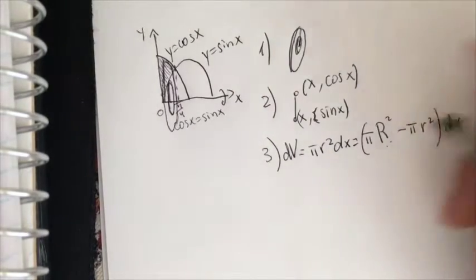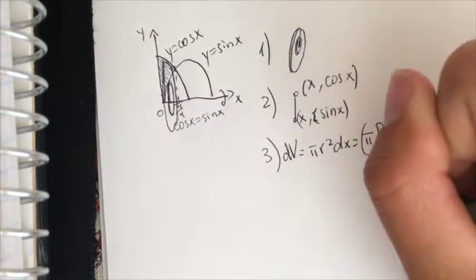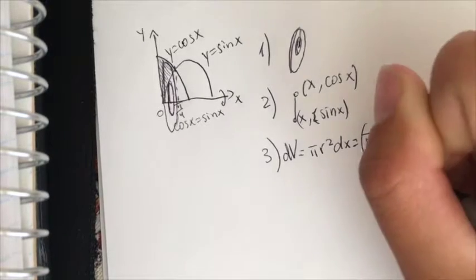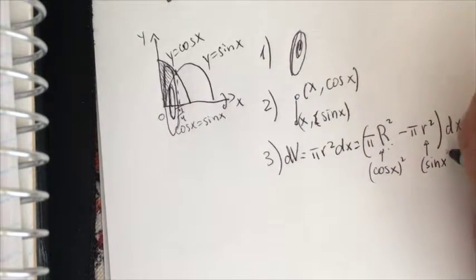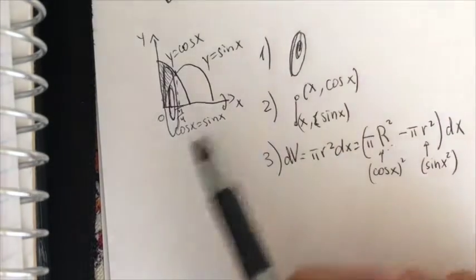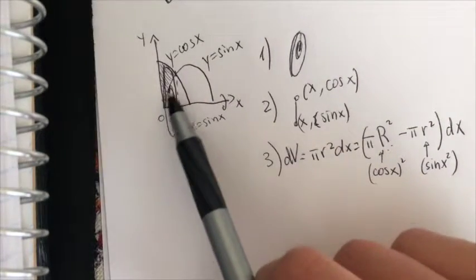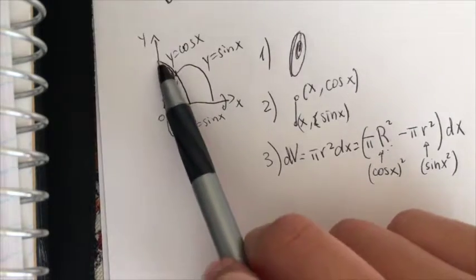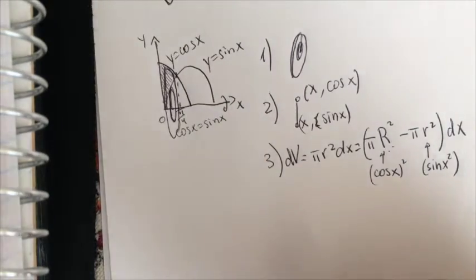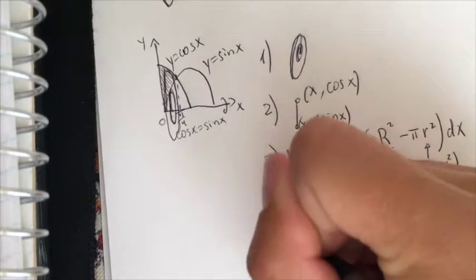When we plug in, big R will be cosine x, and little r will be sine x, because our smaller circle reaches only to the sine curve and our bigger circle reaches to the cosine curve. Okay, so step number 4.